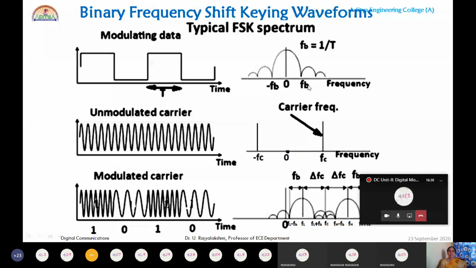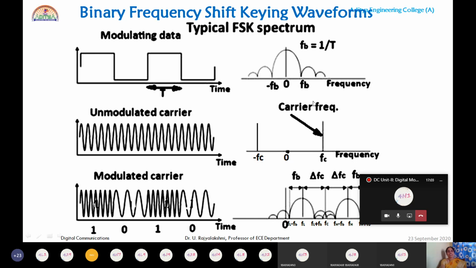Being the input signal band limited to minus FB to plus FB, we have represented the spectrum range from minus FB to plus FB. That's all. Where FB is the bit frequency, which is the reciprocal of bit duration. Now the second figure in the second column represents the carrier frequency.